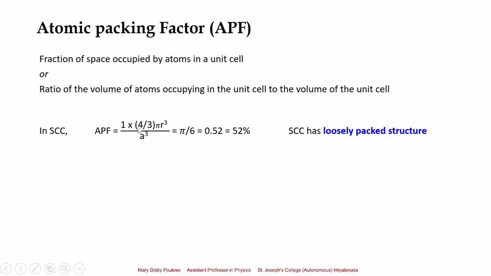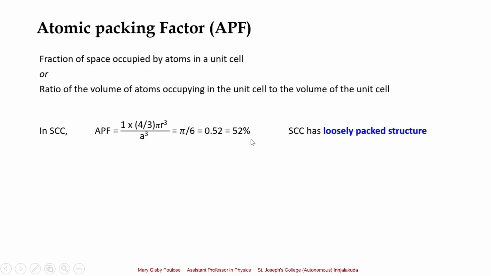So the volume of atoms in the unit cell is 1 into 4/3 pi r cube, and the ratio is to the volume of the unit cell, that is a cube. Now we substitute a in terms of the nearest neighbor distance. In the simple cubic unit cell, we have 2r equals a. Substituting that, we get pi by 6, that is 0.52.